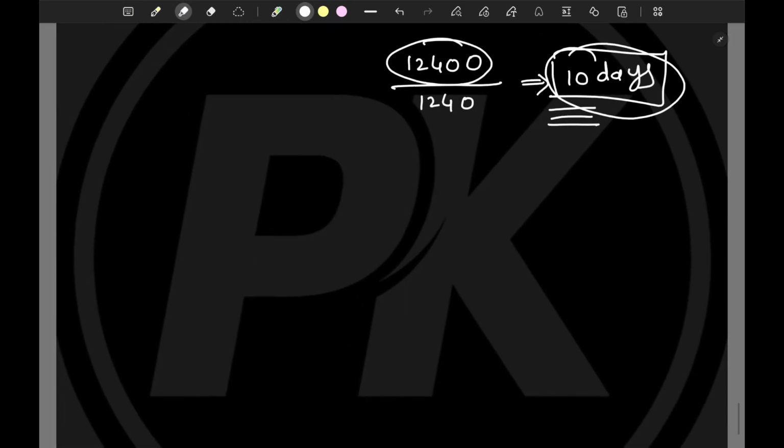You will see this formula in most of the books.